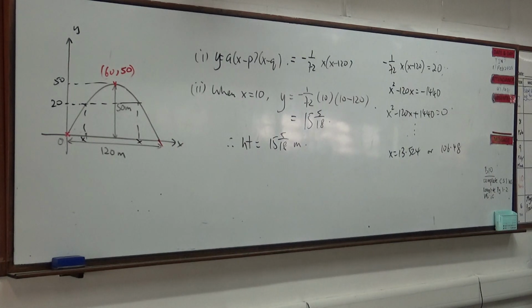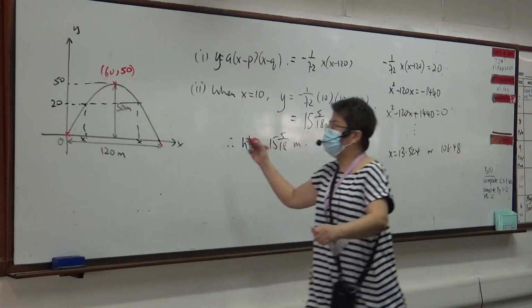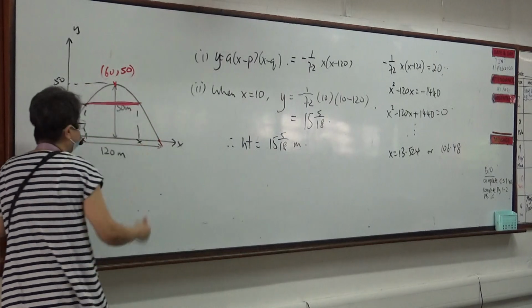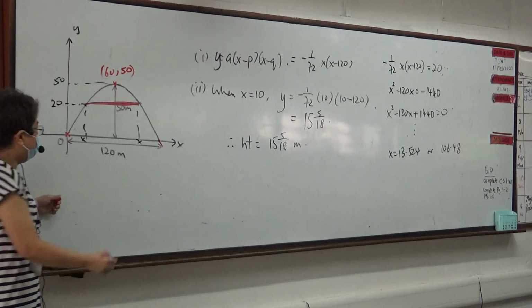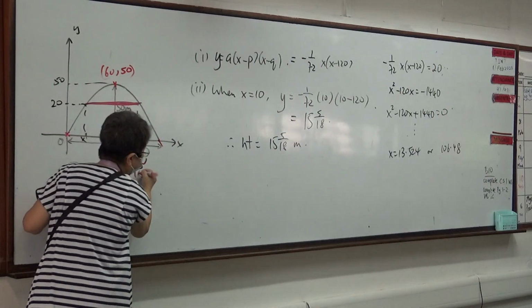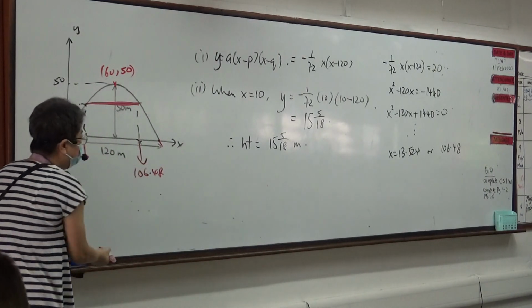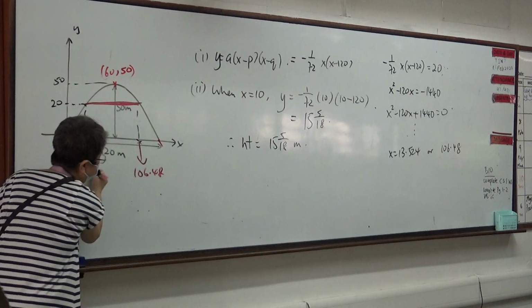Another point on the arch is 20 meters vertically above the surface of water. What is the width of the arch at this point? That means I'm supposed to find from here to here, the width, right? Correct. Now, do you agree that this point is 106.48? How about this point? 13.524, right?